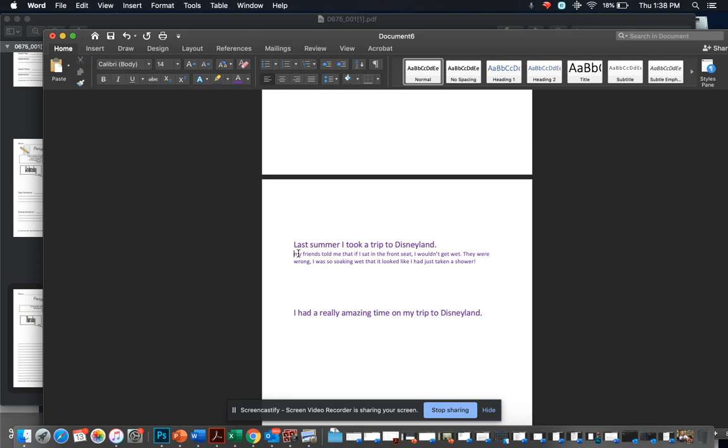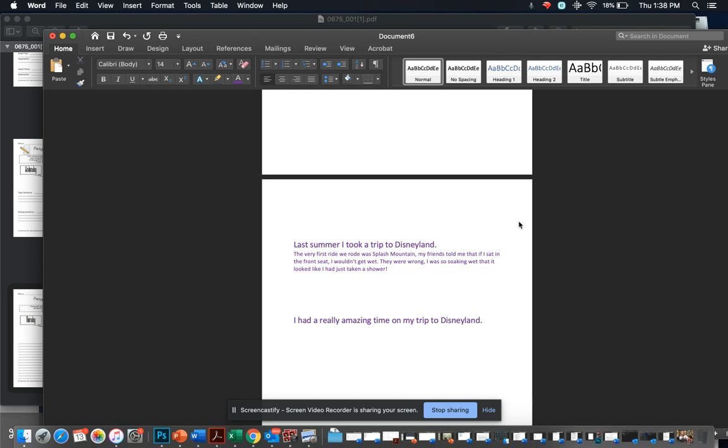I'm going to say, the very first ride we rode was Splash Mountain. Make sure to capitalize it. Whoops, make sure to add an L in it. Splash Mountain, comma. Now my reader knows what I'm saying. The very first ride we rode was Splash Mountain.